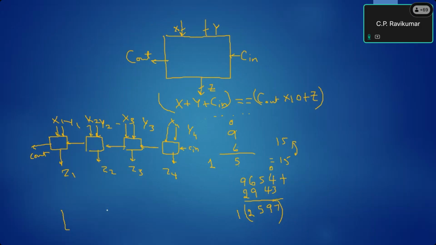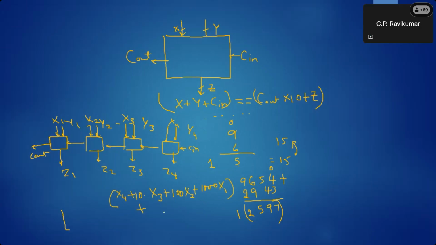It should be something of the form 10 times x4 plus 10 times x3, plus, I'm sorry, 100 times x2 plus 1000 times x1, plus the same thing for y, plus carry should be equal to C out with 10,000 as the weightage, and Z1, Z2, Z3, Z4 similarly.